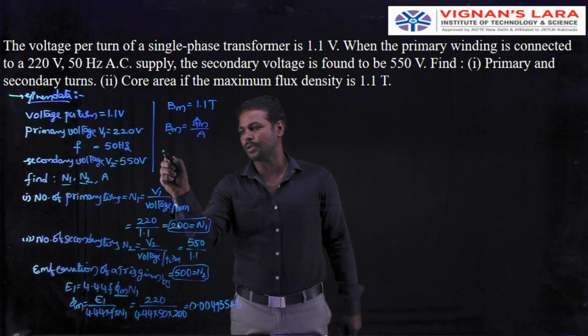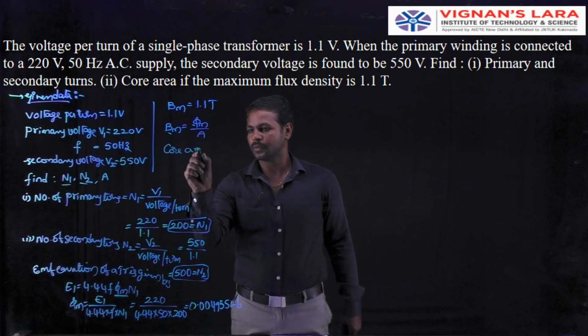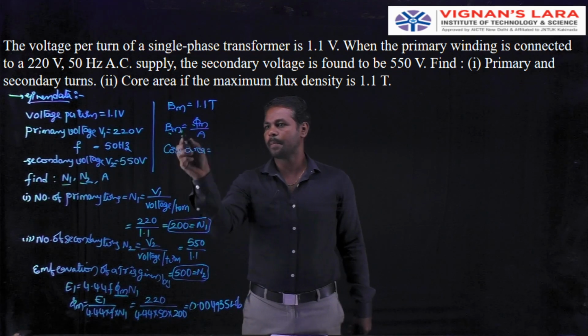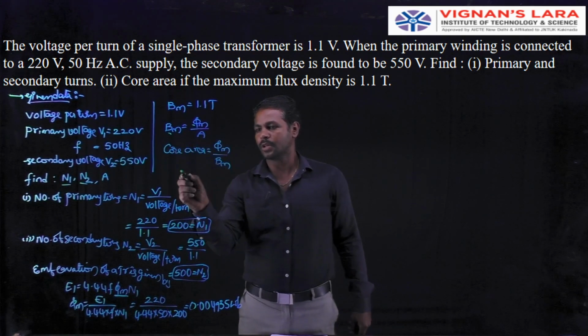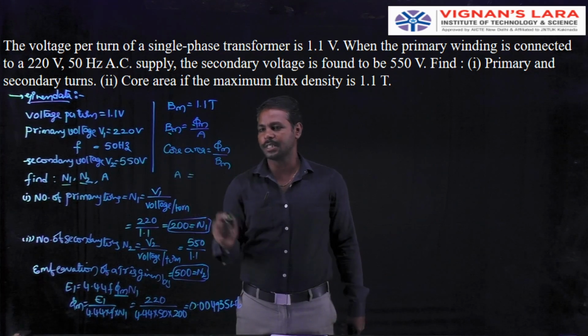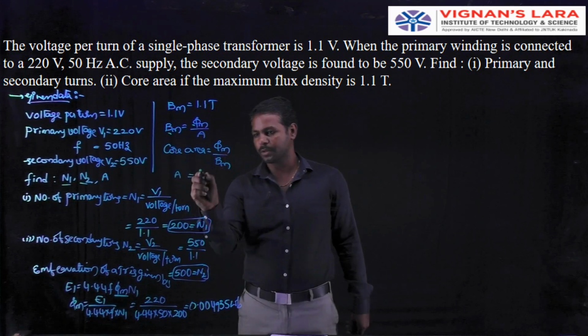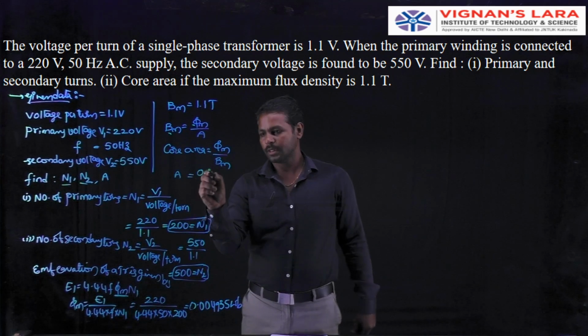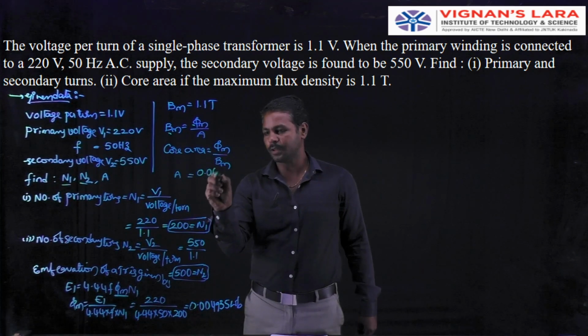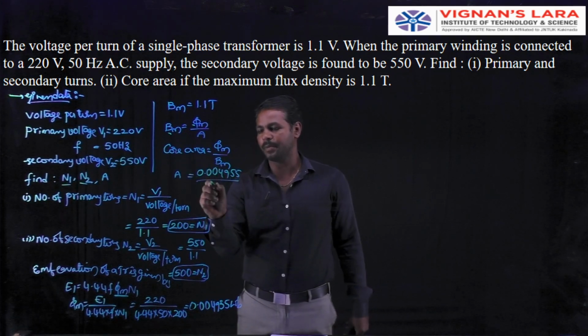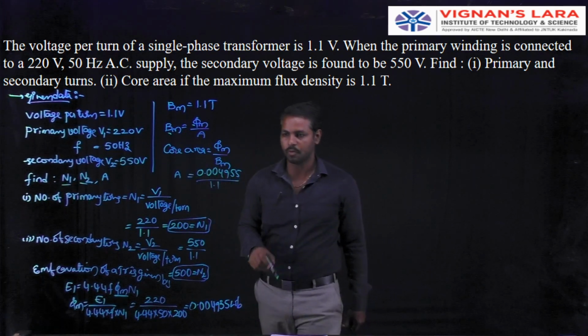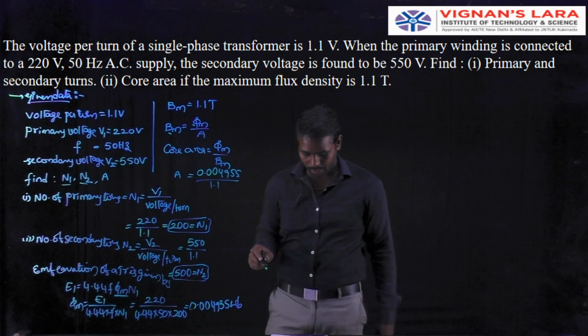A is equal to phi m divided by Bm, which is equal to 0.004955 divided by 1.1.